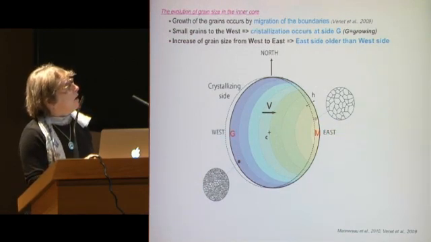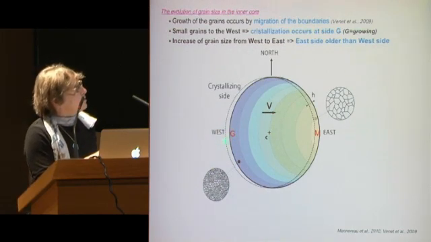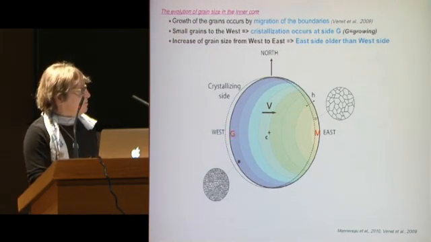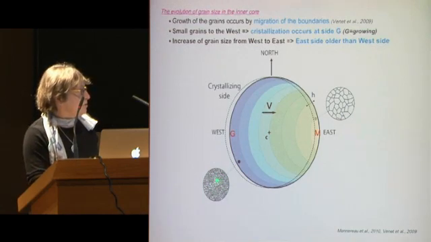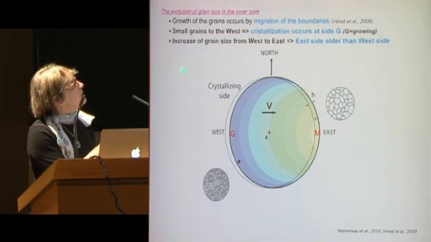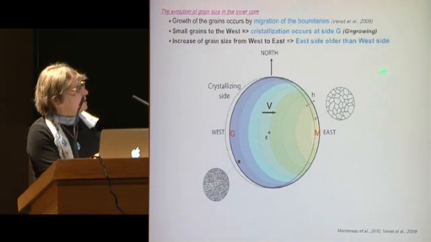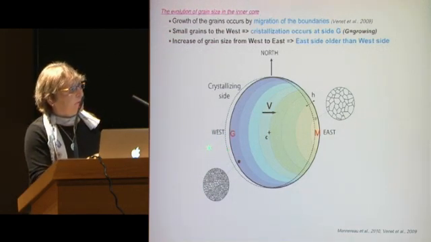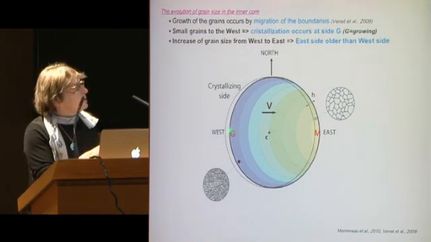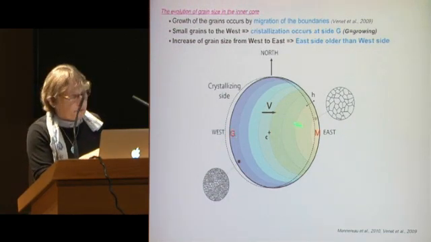So the grains will have their crystallization here, because they will preferentially crystallize to this form, and then with time become larger. So this increase of grain size from west to east implies that this side here is older than this side. So it's logical to imagine that there will be an aging of the grains of the inner core from G to M.